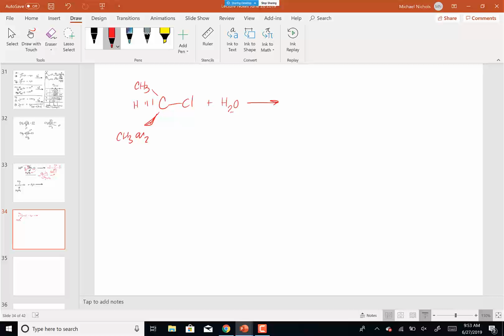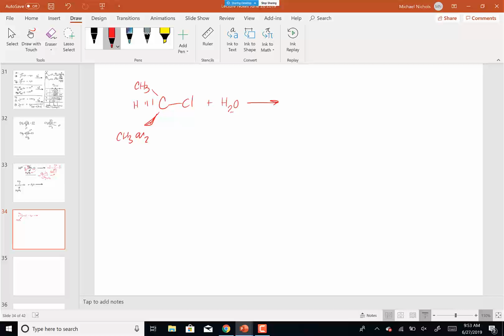For SN1? Yeah. No. So you want the water to come in and add at the same time the chlorine's leaving? No. Because then you would never form the carbocation.